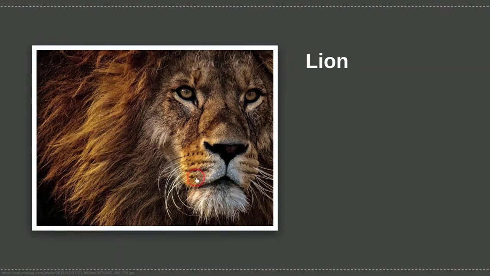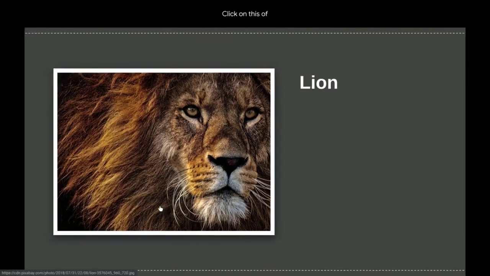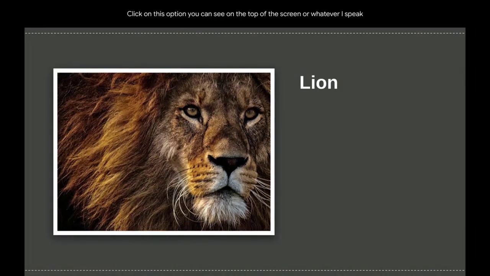Okay, so what I could do is I would just move my cursor to the right corner or the left corner of my screen, and there's something called the caption preferences. So as soon as I click on this option, you can see on the top of the screen, whatever I speak, it will get typed on the screen in real time.